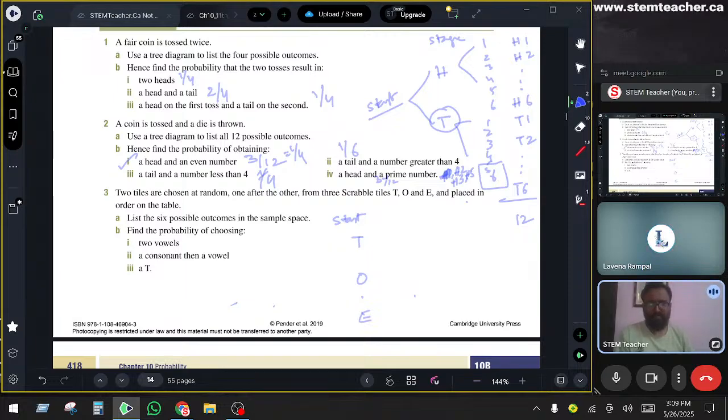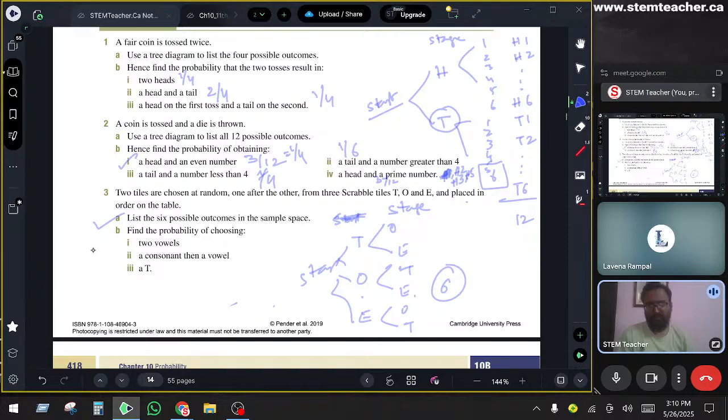For stage one, it is start, and next for stage one, what are the possible letters with the T? O and E. And here T and E. Here O and T. So in total: TO, TE, OT, OE, ET, EO. Total 6 possible outcomes. So that's it.